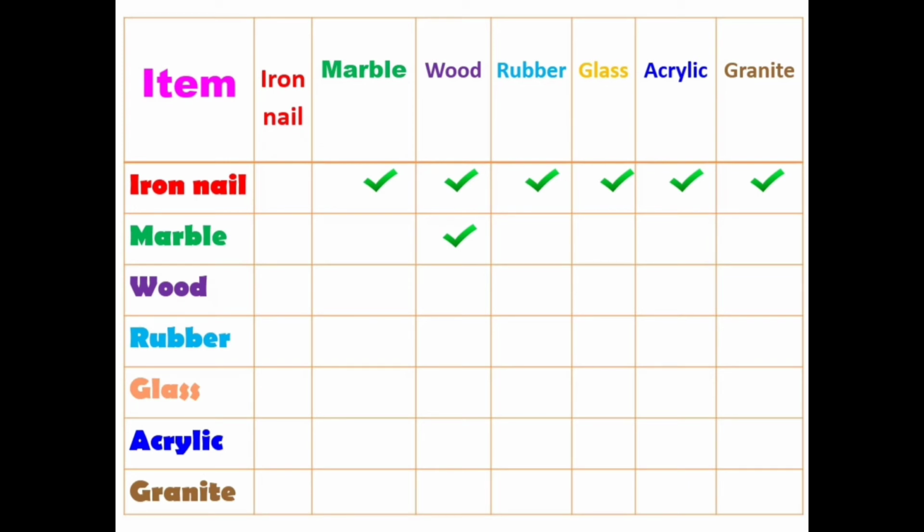Do you think there is a scratch? Alright. Marble to glass. What do you think? Alright. Marble scratching the acrylic. Do you think there's a scratch? Yes, you're so right. Marble to granite.